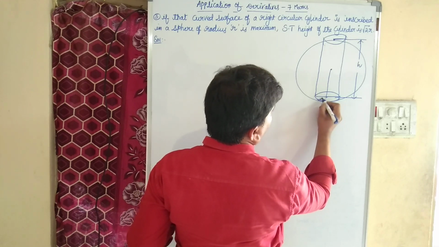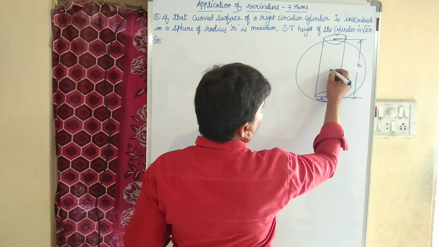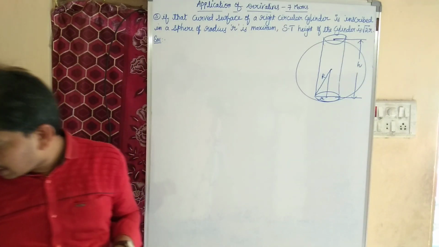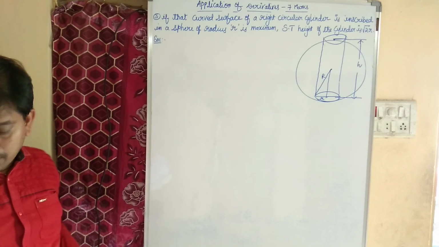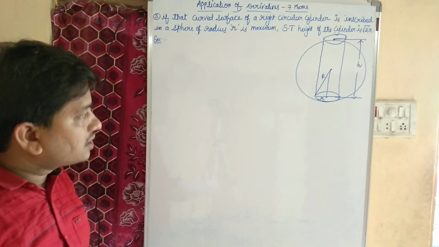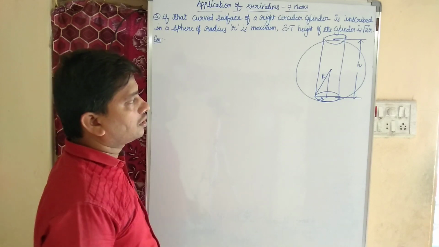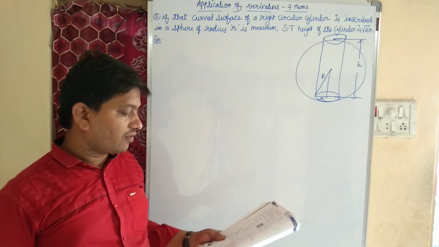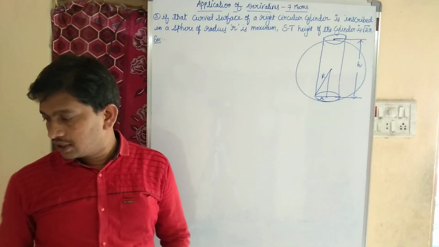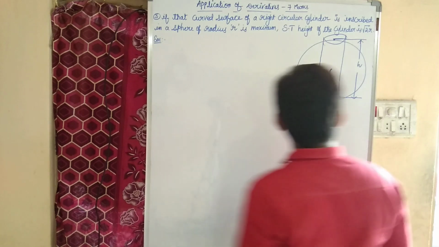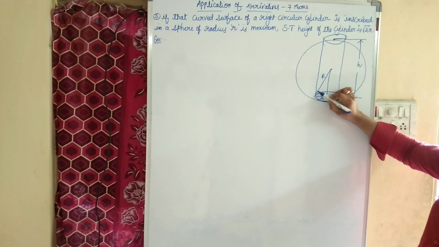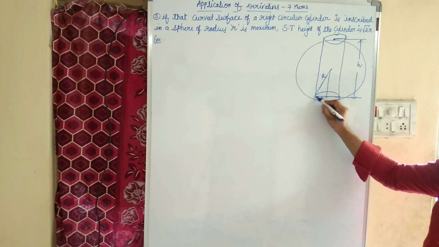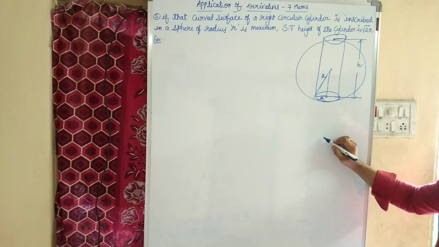Let capital R be the radius of the sphere, so this is our sphere radius, and small r is the radius of the cylinder.